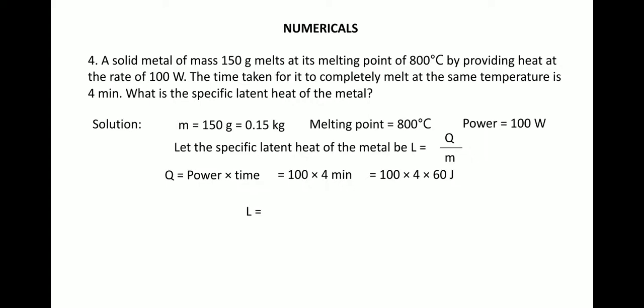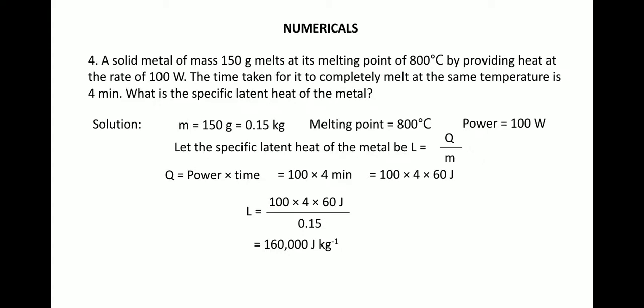Now, the specific latent heat L is equal to Q by M. Let's put the value of Q as 100 into 4 into 60, and mass M is equal to 0.15 kg. So we put these values, and on further simplification we get it as 160,000 joules per kg.